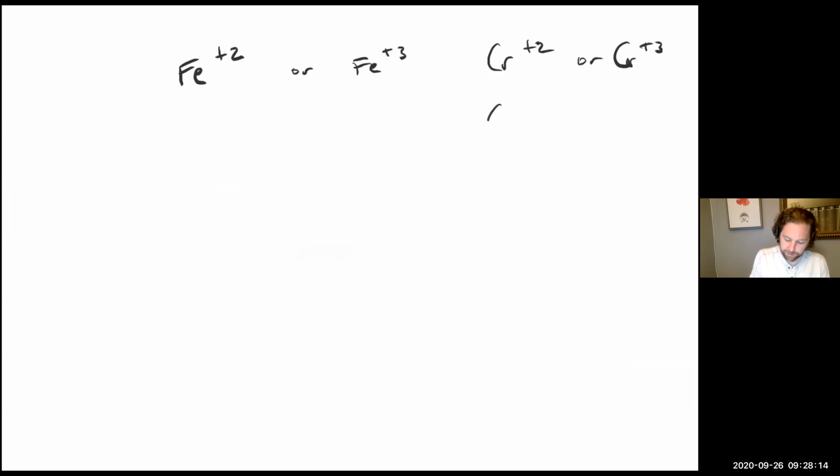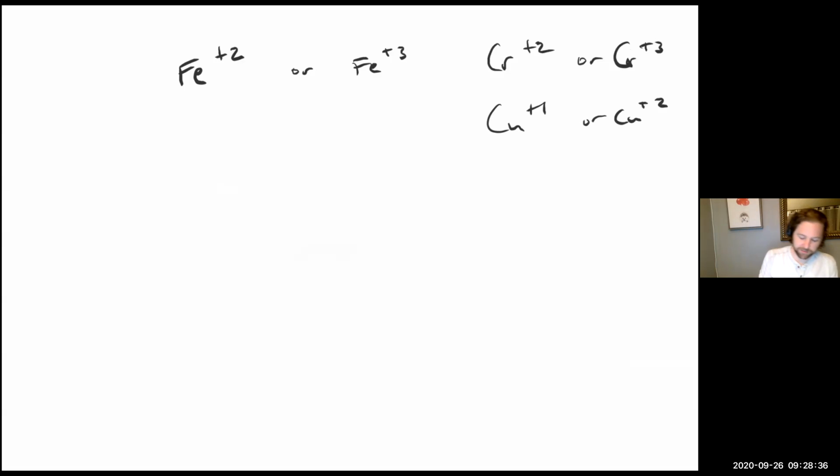Copper, for example, could be a +1 or a +2 state. So different transition metals can ionize multiple ways, and that's why we can't really use the periodic table to predict the ionization. We have to look at compound formations. And vanadium can have 3 different ones: +2, +3, +5.